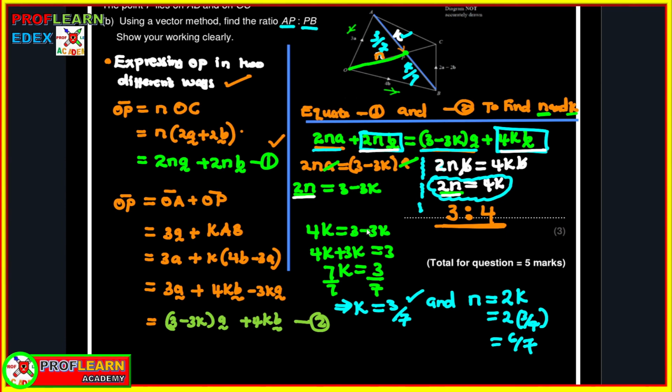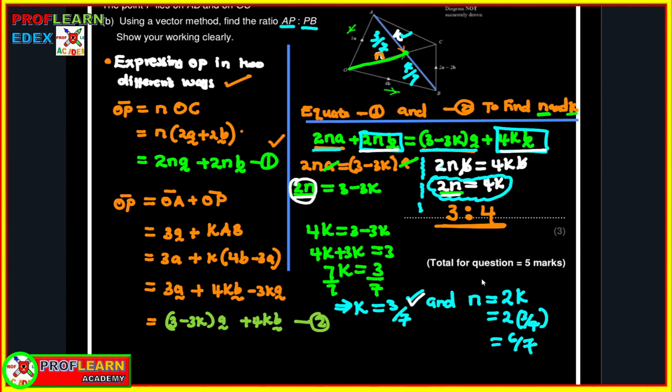Then I can equate the two, because 2n is equal to 3 minus 3k, or 2n equals 4k. So you can say 4k, because 4k represents 2n, is equal to this part. So I'm just replacing this with 4k so that I can solve and get my value. My value of k is actually 3/7.